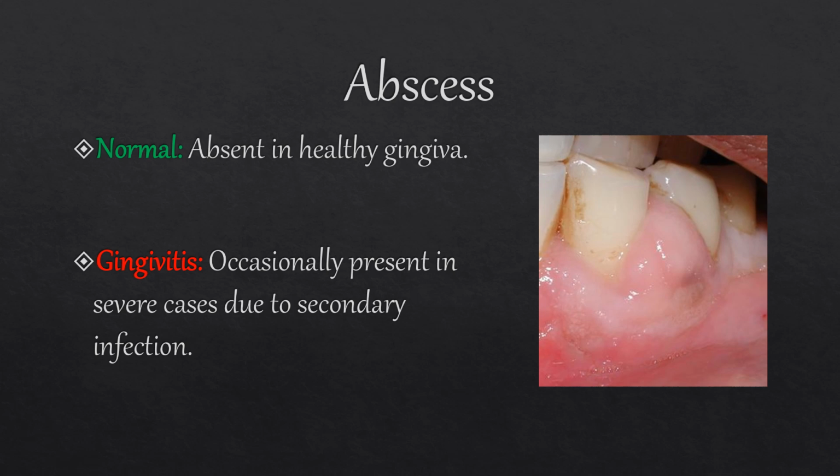If it involves attached gingiva, that means there is attachment loss, and then we consider that as periodontal abscess. The other abscesses which we may see in the oral cavity are the periodontal abscesses, pericoronal abscess, and also periapical abscess.